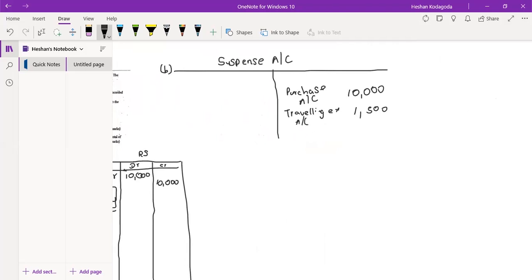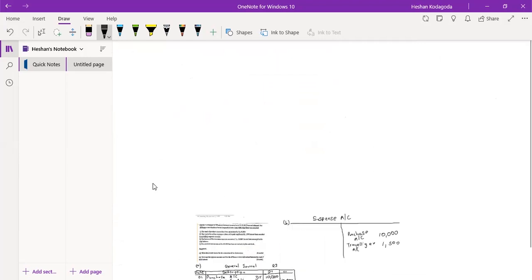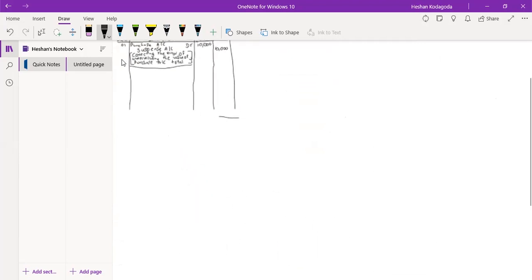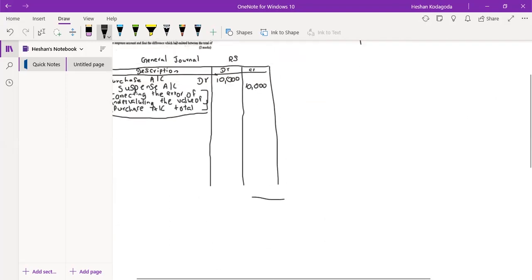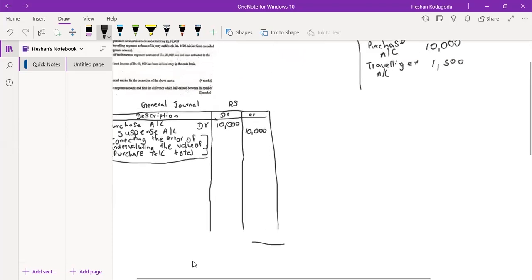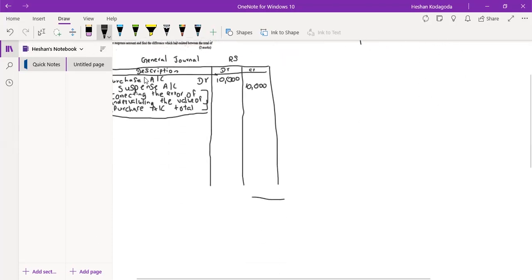Okay. Right. So what is the journal entry? You can write the journal entry like this. Sorry, I don't know what has happened to this one.